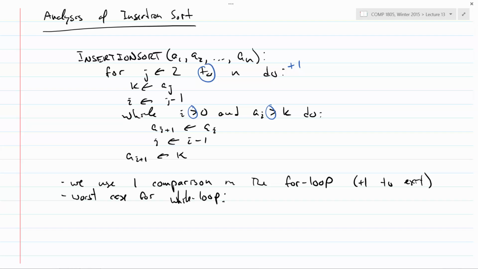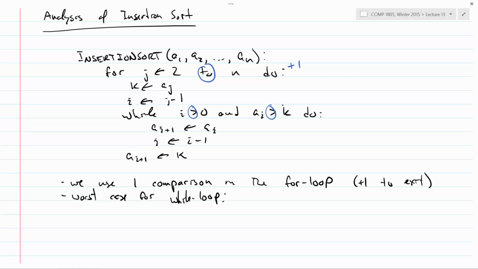So the worst thing that can happen in this particular while loop is that i starts at j minus 1, and every time I go through the while loop, i decreases by 1. So the worst thing that could happen would be if I went all the way from j minus 1 to 0. That would be the worst thing, because the only other thing that could happen is if a[i] bigger than k were no longer true and I left early.